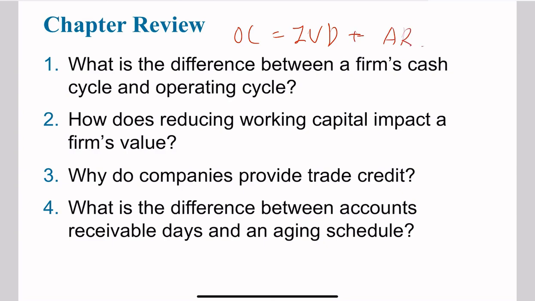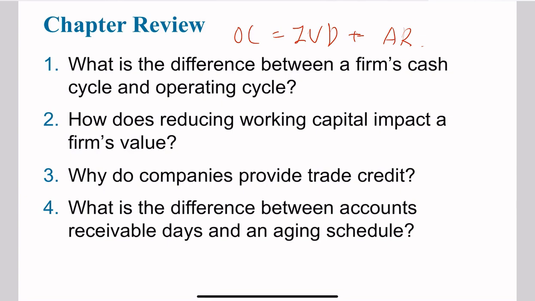And then when we talk about cash cycle, it's a cycle about cash, right? About money. So basically, cash cycle refers to the time period between two events. The first event is the firm pays its supplier, and the second event is the firm gets cash from its customer.